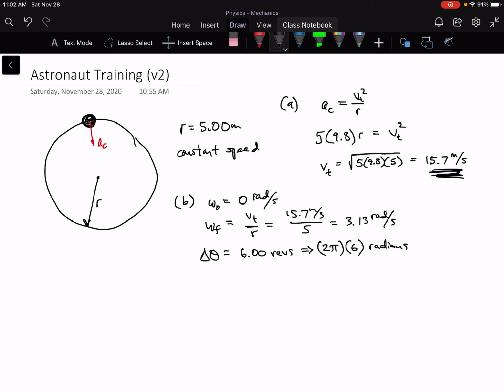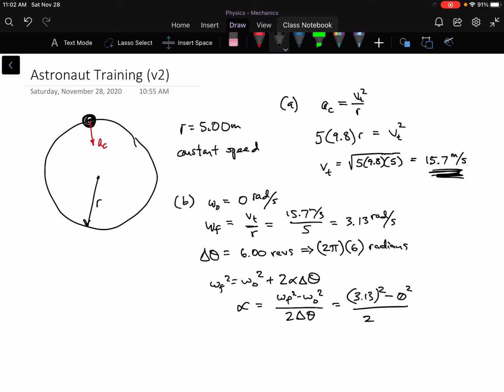Then we use the following equation to solve for alpha. Alpha is equal to the difference of the squares of those 2 angular velocities, divided by 2 delta theta. We have this for final, that for initial, and 2 pi 6 in for delta theta.